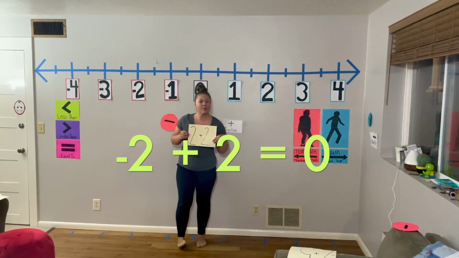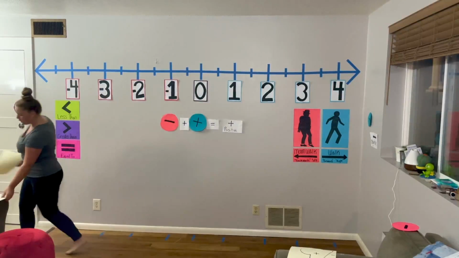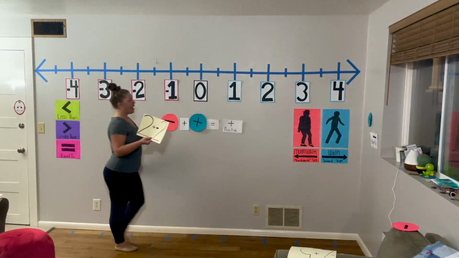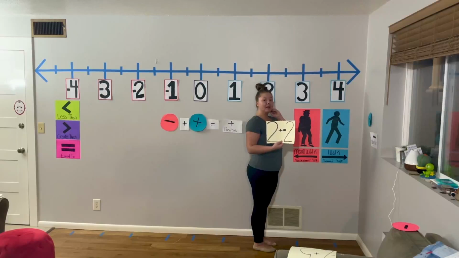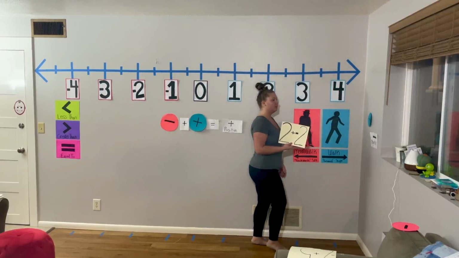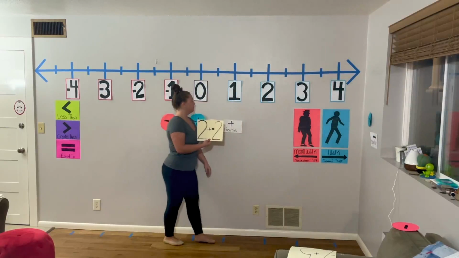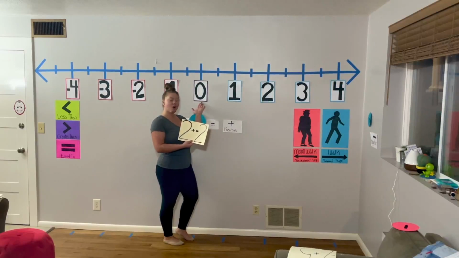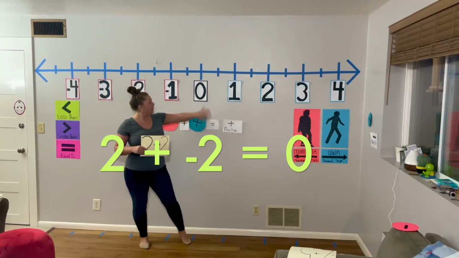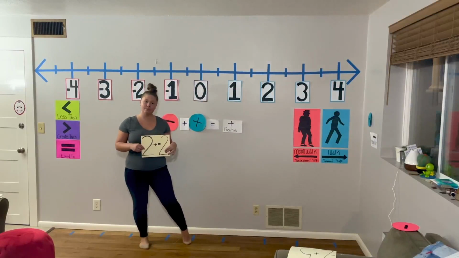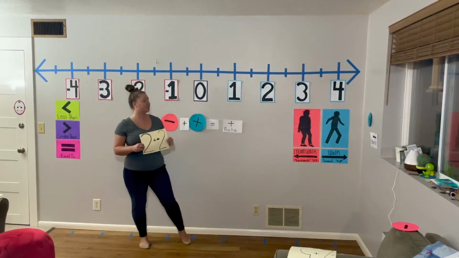What if they're the other way around? What if we start at 2 and we add negative 2? I'm going to moonwalk back 2 spaces. So here we are at 0 again. So when you add an opposite pair, they kind of undo each other and you'll end right back at 0. So when you add opposite pairs, they're going to equal 0.